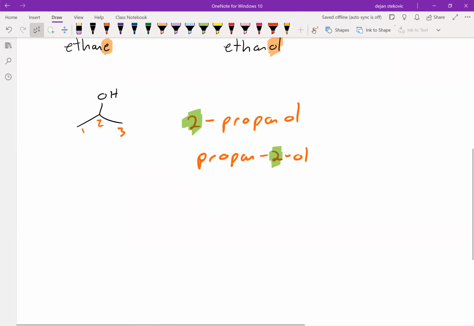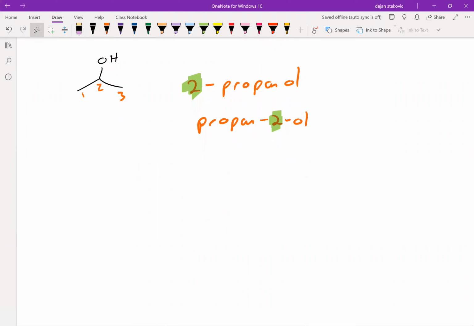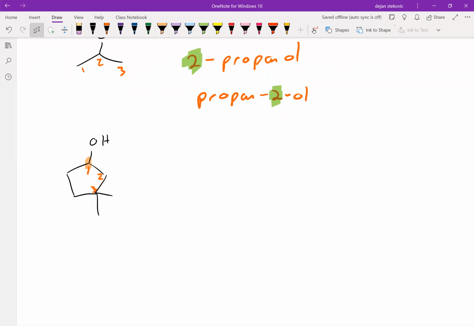In terms of nomenclature, the alcohols get priority over alkanes and alkenes. So for example, if we had this compound right here, this alcohol would take priority. So this would get the 1 position, then this would get the 2, then this would get the 3. And in this case, we don't even have to tell anybody that the alcohol is on the 1 position. The reader would just assume that.